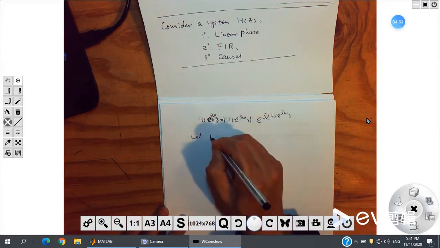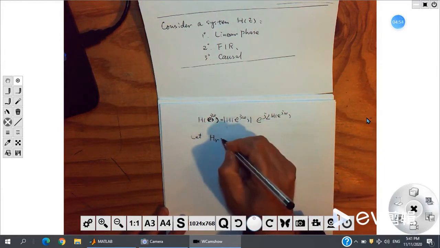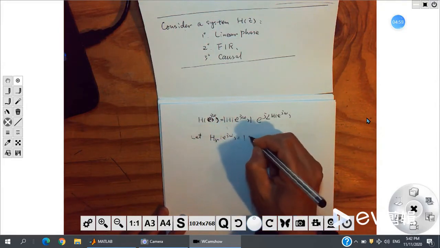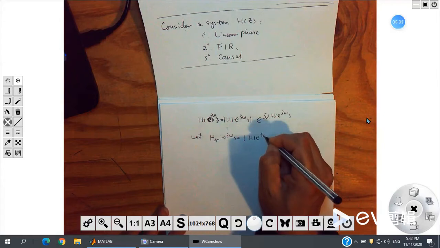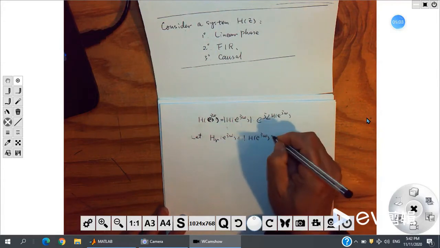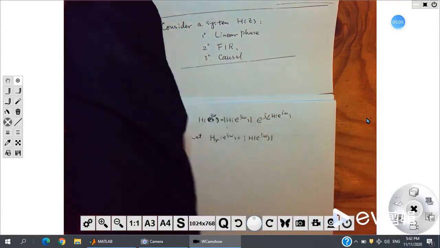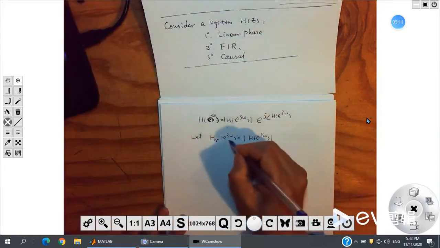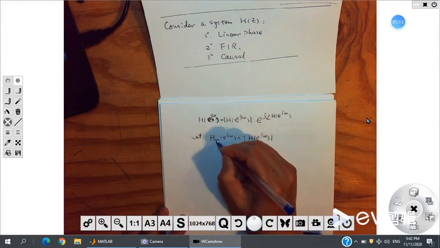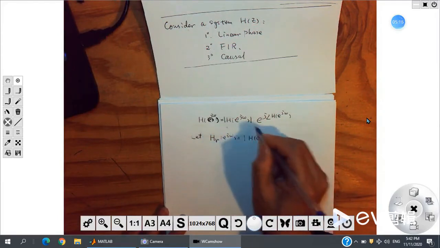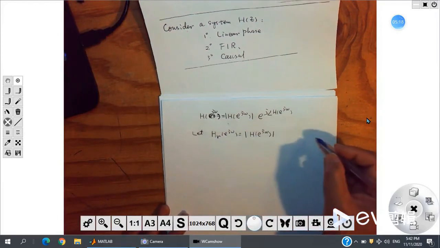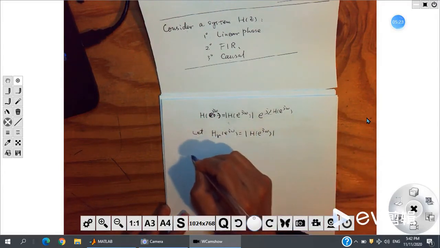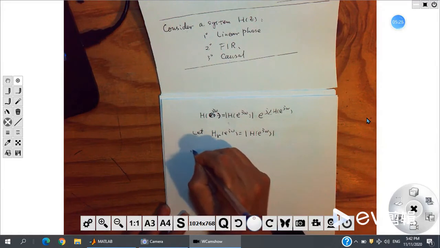I say this is HR of e to the j omega, equal to the magnitude of H of e to the j omega. I suppose HR is another system. It is just this part, and we know H is a linear phase, right?